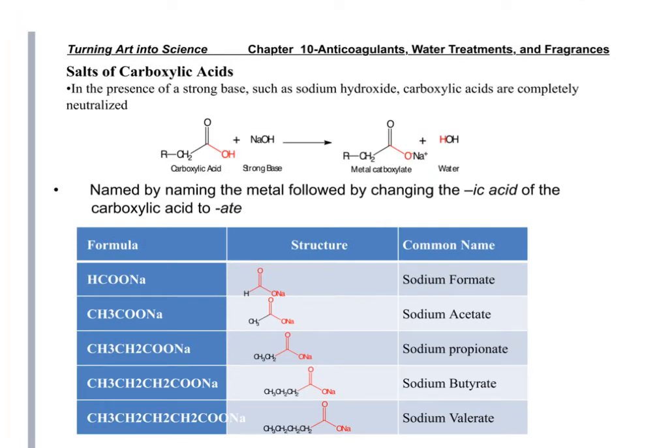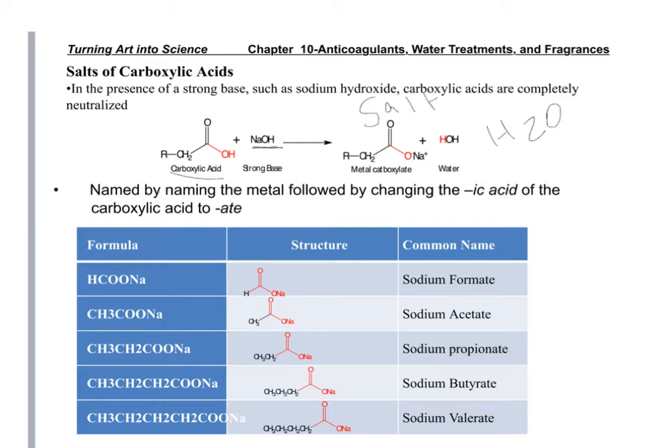And then here you have those same acids. If we react an acid with a base such as sodium hydroxide, then we end up with a salt and water. HOH is the same thing as H2O.